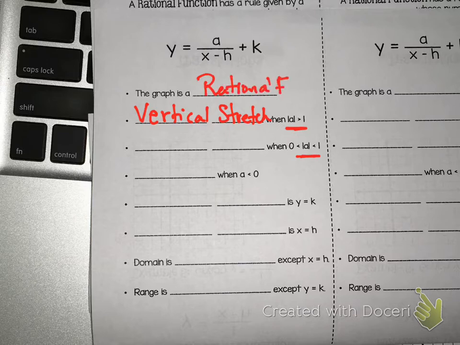Sorry, I missed that one. And it's a vertical stretch when the absolute value of a is greater than 1. When the absolute value is between 0 and 1, remember, it's the vertical shrink.